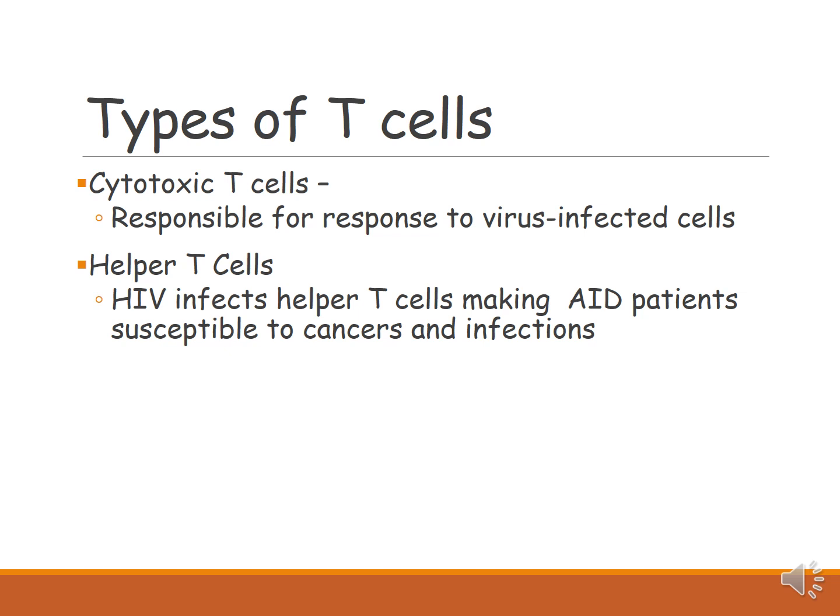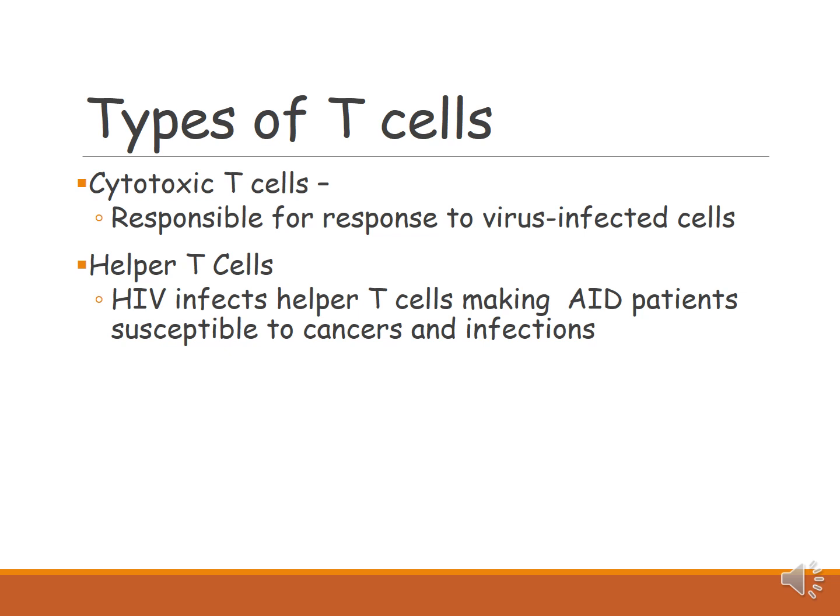Okay, we've already discussed the T cells, the cytotoxic T cells. These can affect virally infected cells. The helper T cells, remember, these are like the generals of the immune system. They are attacked by the HIV virus. And this is what happens in AIDS patients, right?